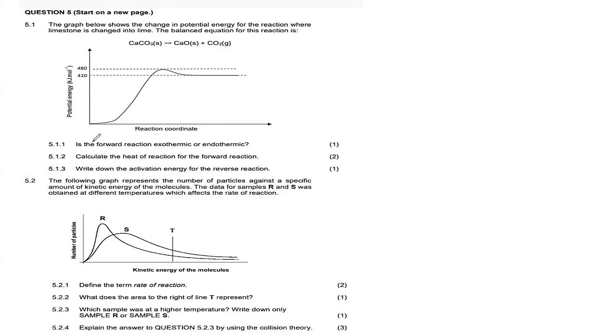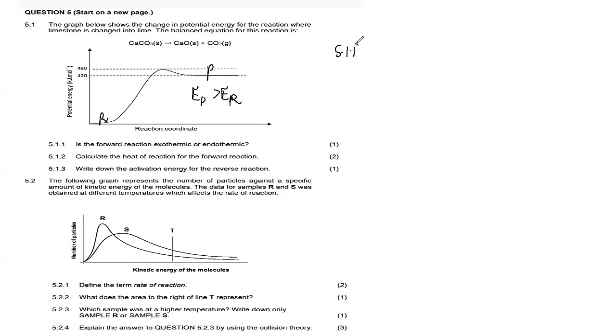Then 5.1.1 says is the forward reaction exothermic or endothermic. Based on the way the graph is, we already know that these are our reactants, and here we have our products, right? And we do know if the energy of the product is greater than the energy of the reactant, then this must obviously be an endothermic reaction.